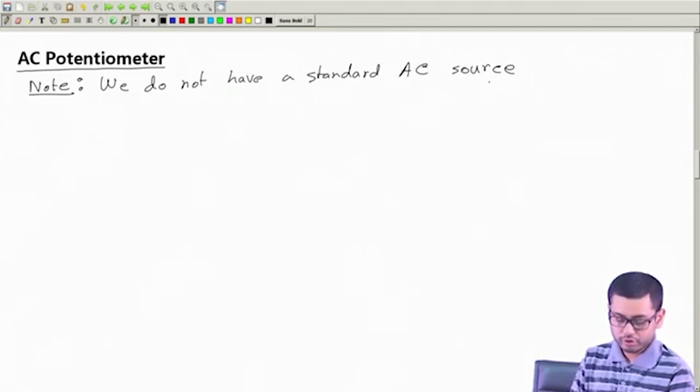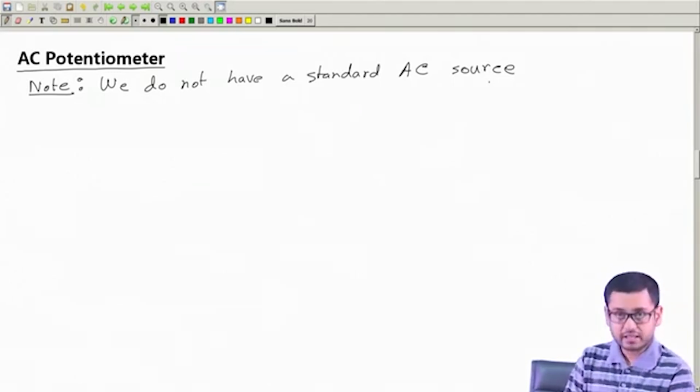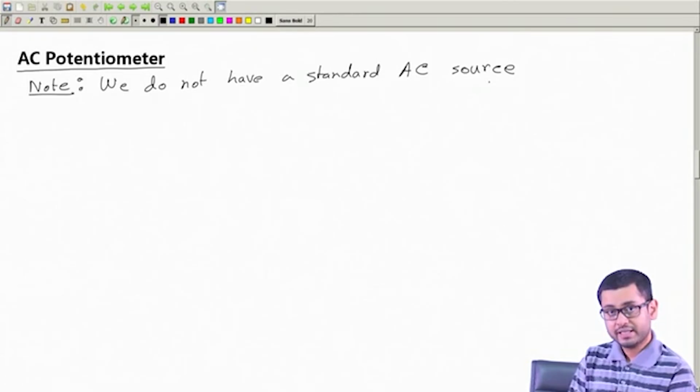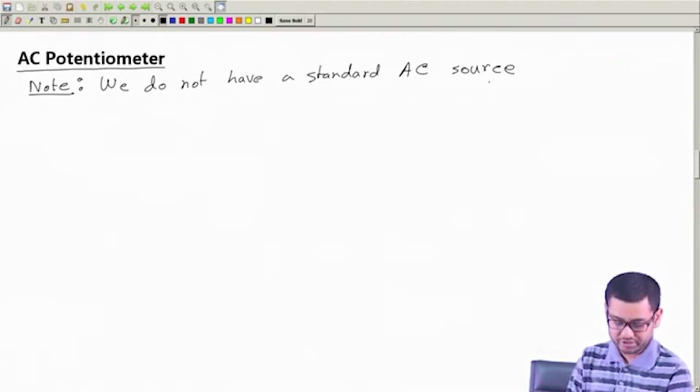There is no such reliable AC source which we can call standard. So in this class we will see how to use a DC standard cell to measure an unknown AC source using a potentiometer.